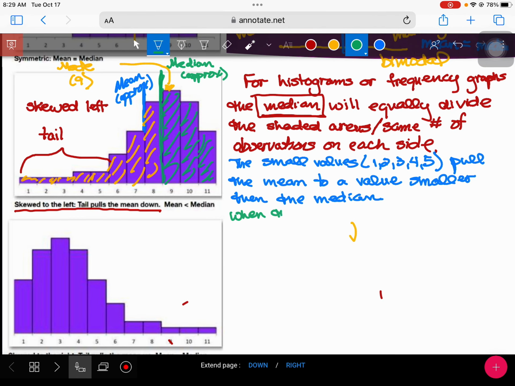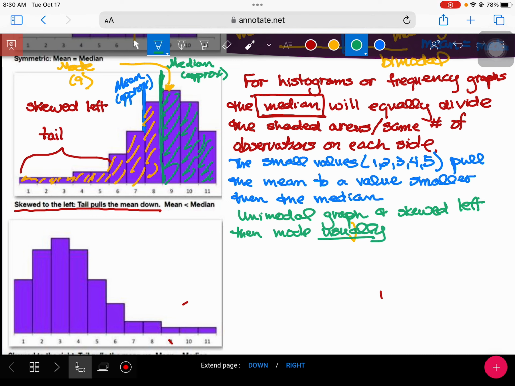When you have a unimodal graph, which means one mode, and it is skewed to the left, okay, then the mode is usually the largest number.